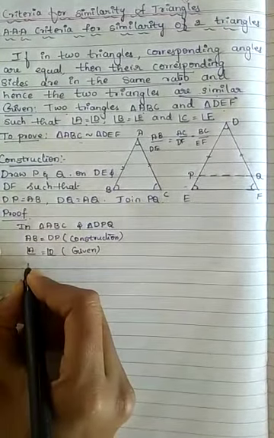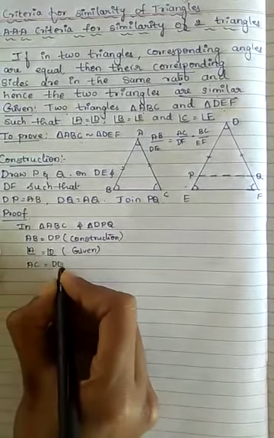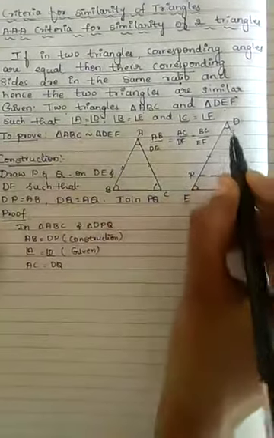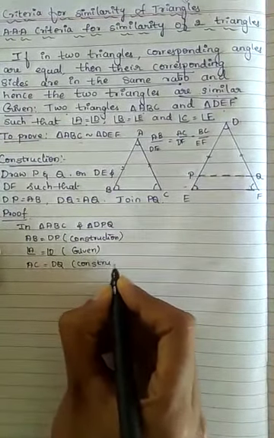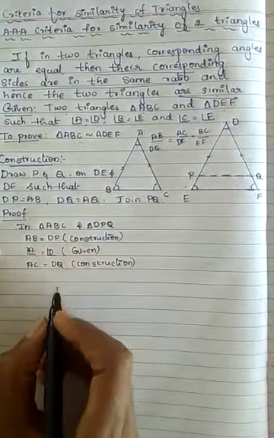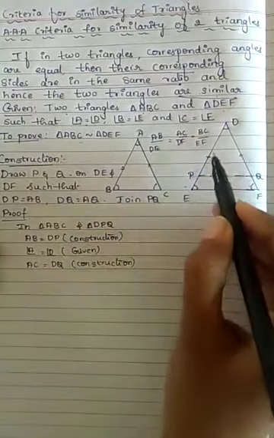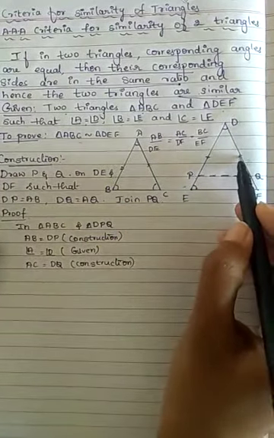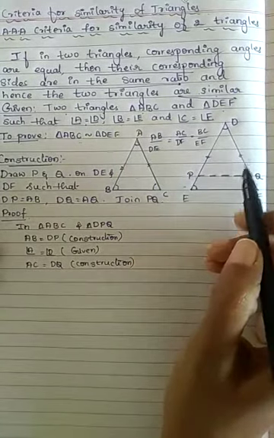Next, AC is equal to side DQ, again by construction. Now you can observe that side-angle-side is equal to side-angle-side of the other triangle.